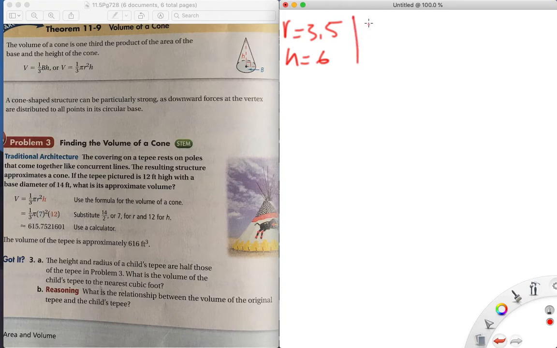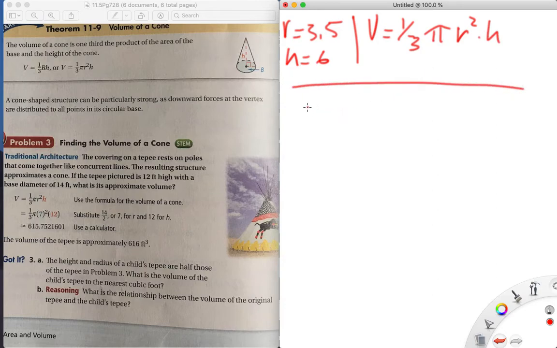The volume of a cone is 1/3 pi r squared times the height. So that would be 1/3 times 3.5 squared times 6 times pi.